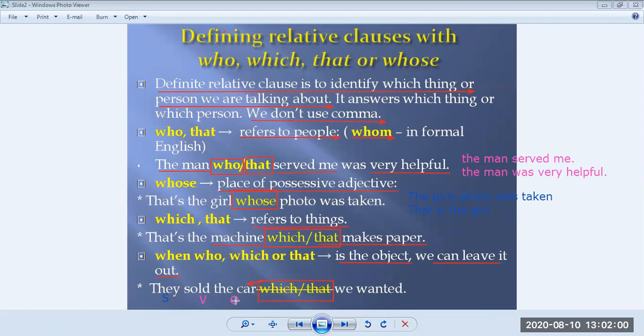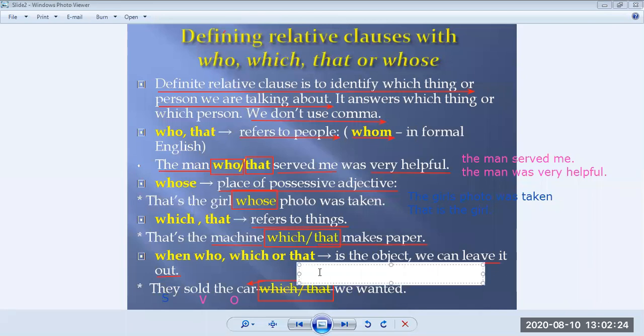If the defining relative clause is describing the object, we can remove it. Instead of saying, they sold the car which we wanted, you can say, they sold the car we wanted. We don't need it, because why? This is an object, that means which and that is also an object.